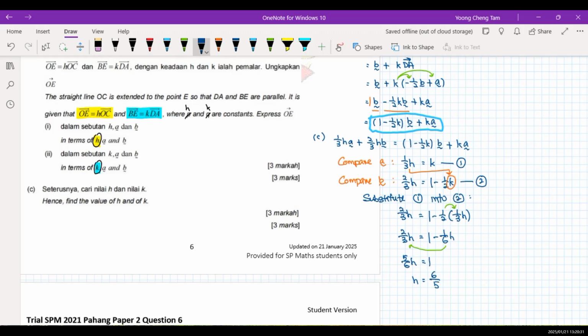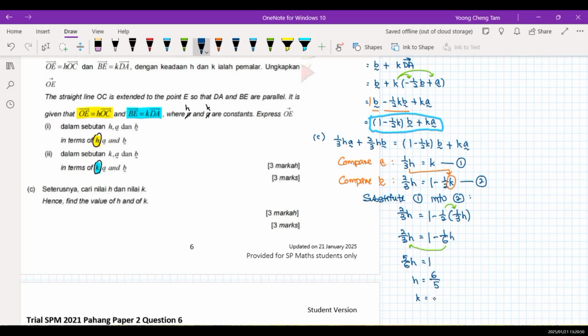Finally, don't forget, this is a simultaneous equation, so you need to find the value of the two unknowns. Now we have h already, we need to find k. How to find k? You can look at the first equation: 1 over 3h is equal to k.